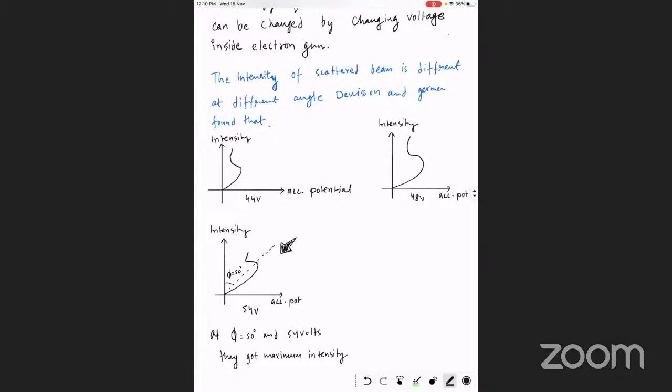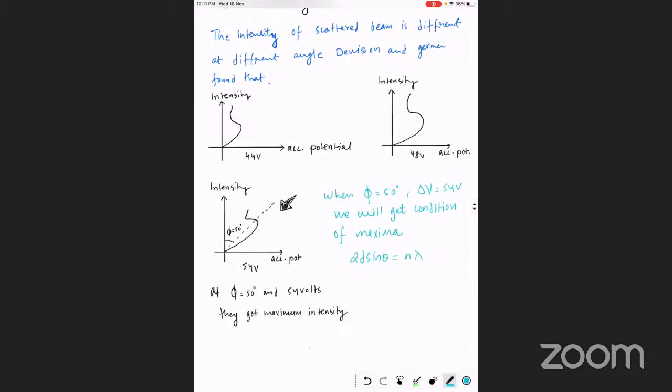So we can conclude that when phi is 50 degrees and the accelerating potential is 54 volts, we will get the condition of maxima. Means we can write 2d sin theta is equal to n lambda. Understood, everyone?